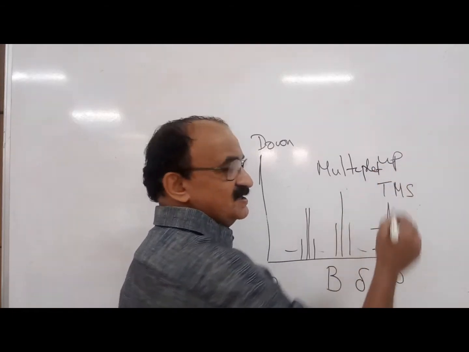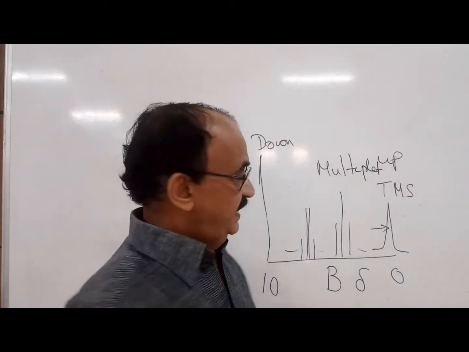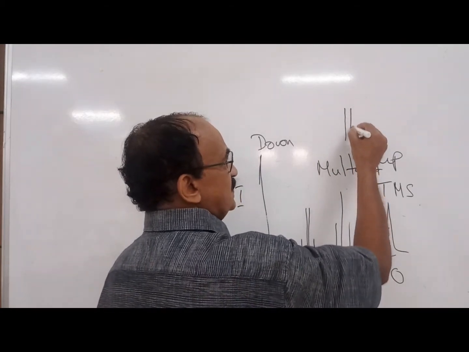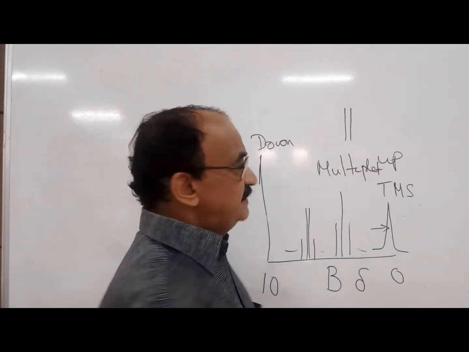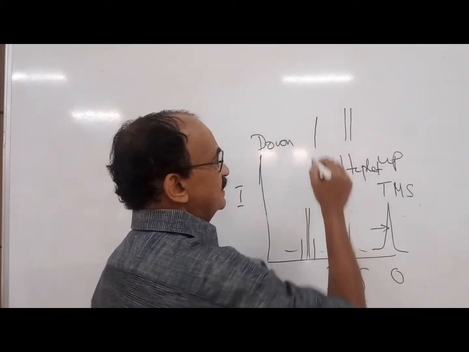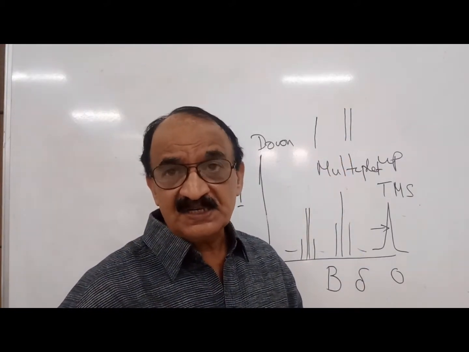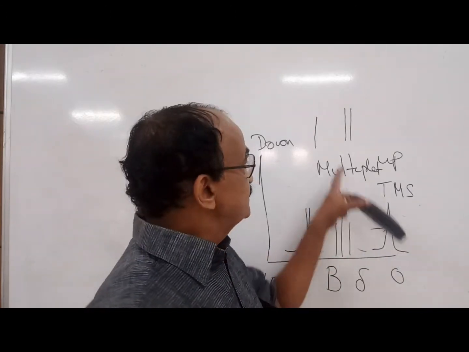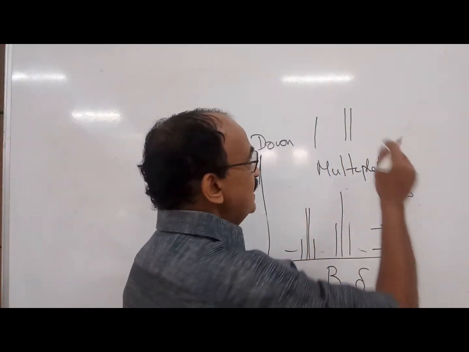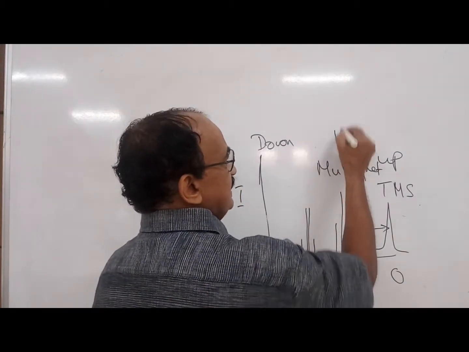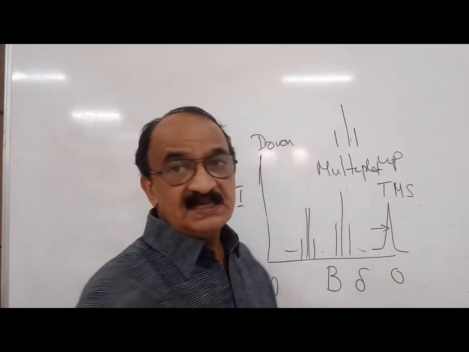M-U-L-T-I-P-L-E, multiplet. Sometimes the signal consists of two signals, then it is known as a doublet. Sometimes it contains only a single signal like this, a single line. That is known as a singlet. This is known as a doublet. Sometimes it consists of three lines, three sub-signals like that. It is known as a triplet.